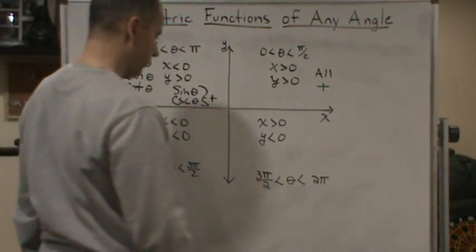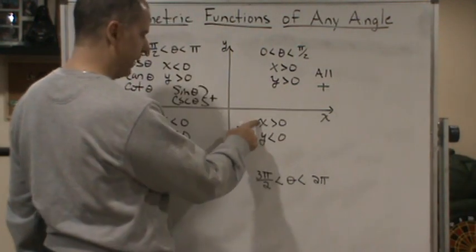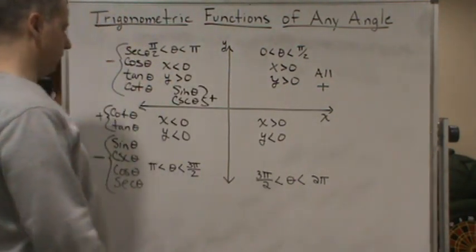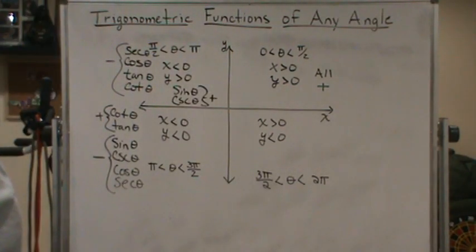And then what about the fourth quadrant? X is positive, y is negative. In that case, it's determined by y. Y is going to determine the negative, so anything that has y in it is going to be negative.